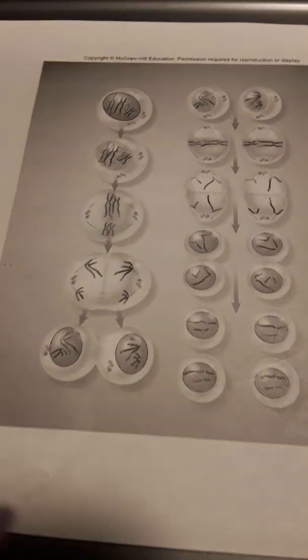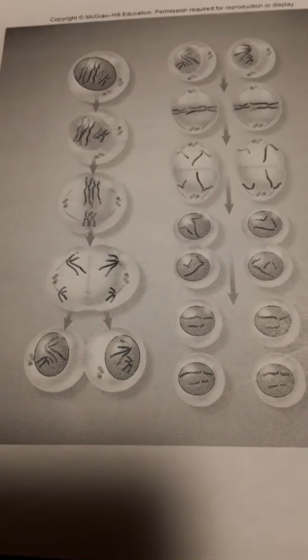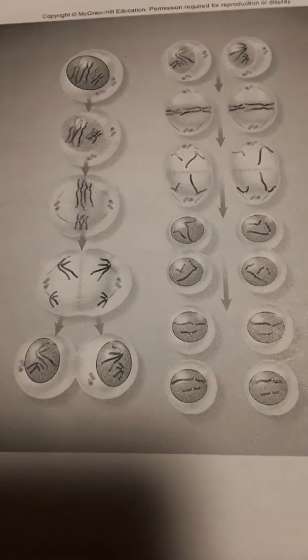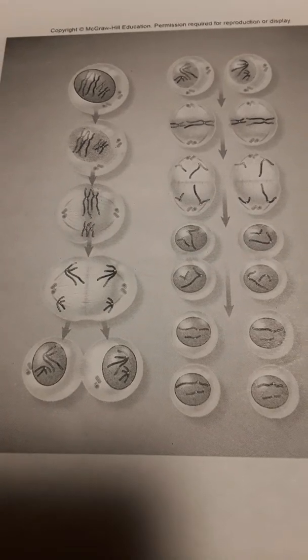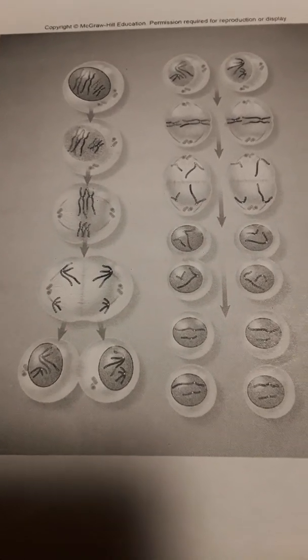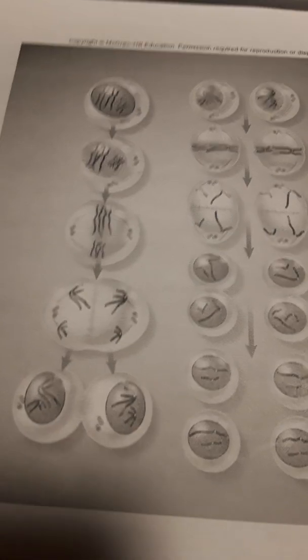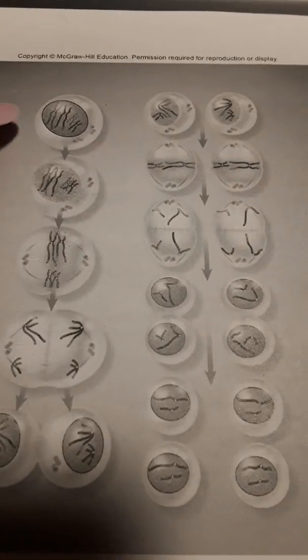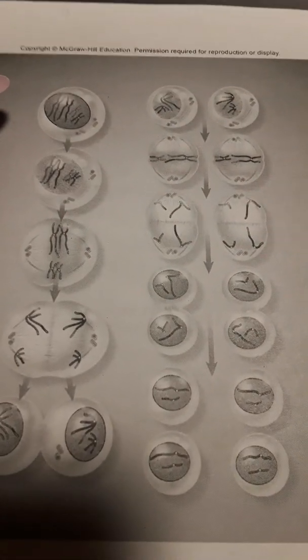Here is the diagram for the human cell. So we have the different phases of meiosis. Phase 1, which is here, consists of the chromosome pairs.